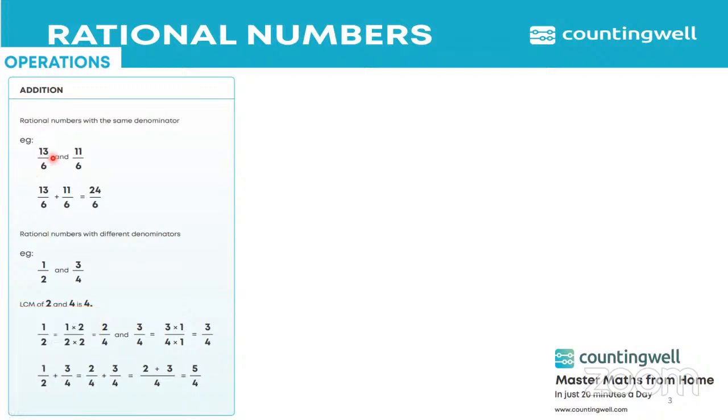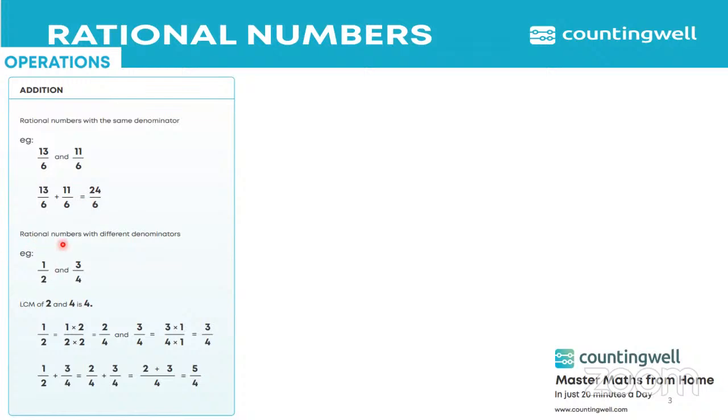For example, here we have rational numbers 13 by 6 and 11 by 6. Note that they have same denominator 6. While taking the addition of these two rational numbers, the denominator is kept as it is and we add the numerators. So here we add 13 and 11, which will give you 24. So addition of 13 by 6 and 11 by 6 is 24 by 6.